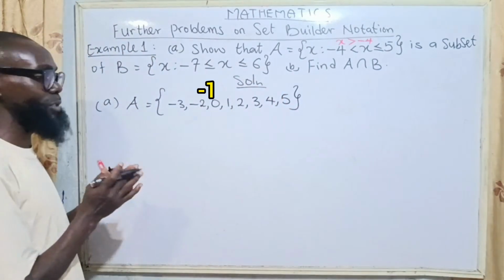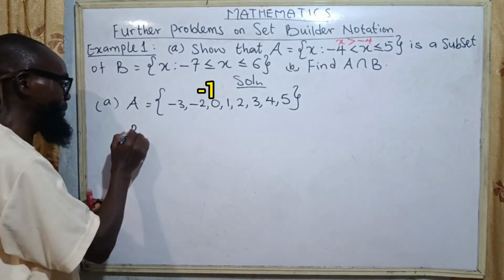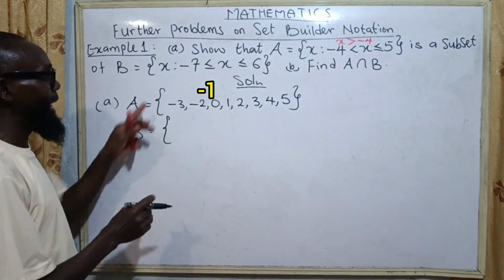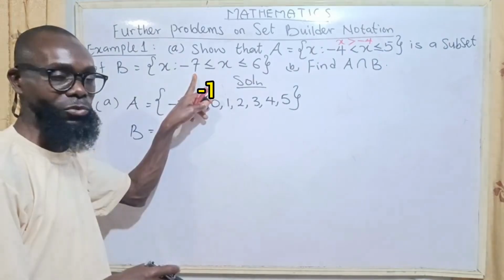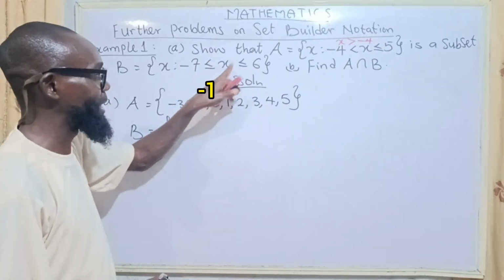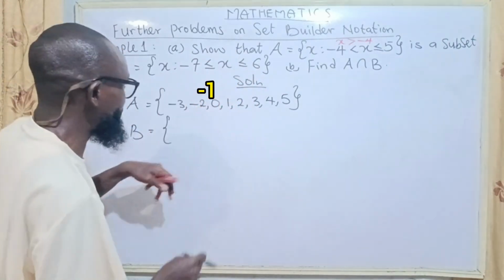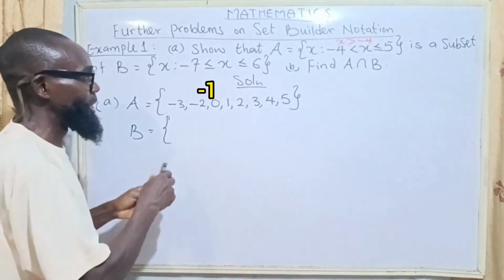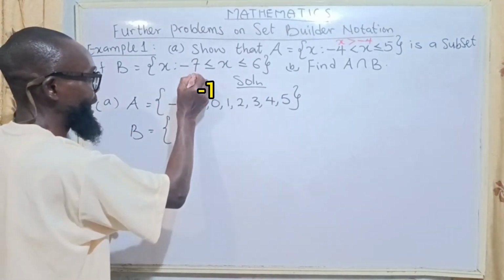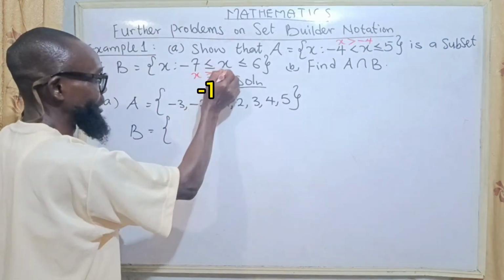Are we there? That is for set A. Then for set B, x such that minus 7 is less than or equals to x less than or equals to 6. Since this one is less than or equals to, if you turn this one, it's going to be x greater than or equals to minus 7.